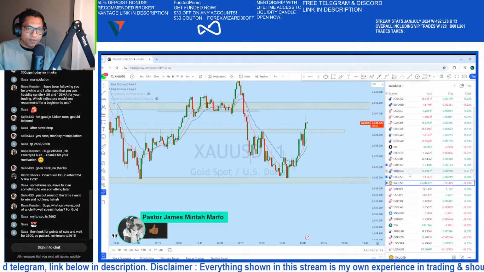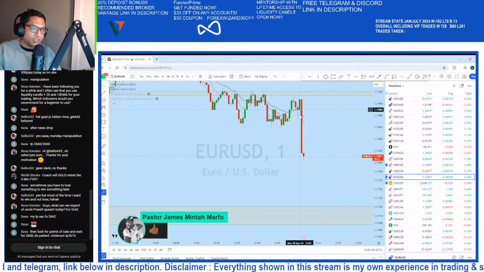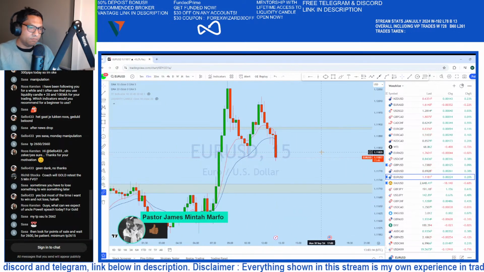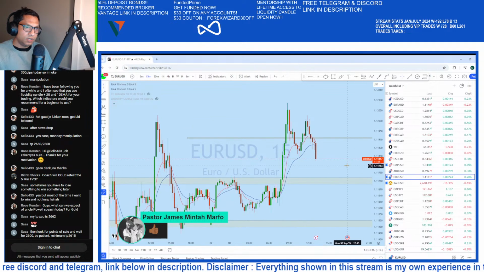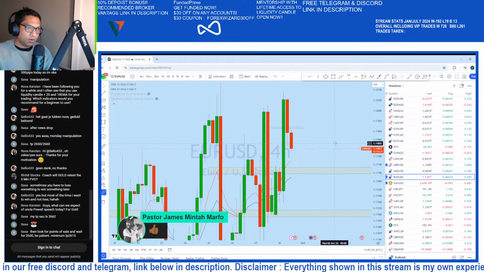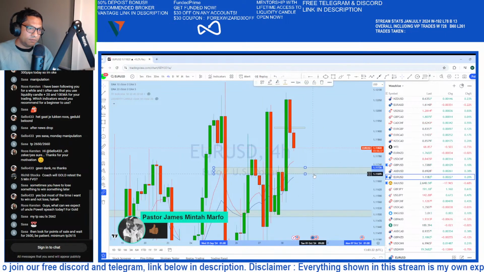Now I'll be waiting for a little more confirmation. Patience, guys. We can see euro dollar has again locally had a breakdown, and with that break below, we can see this is an important support.